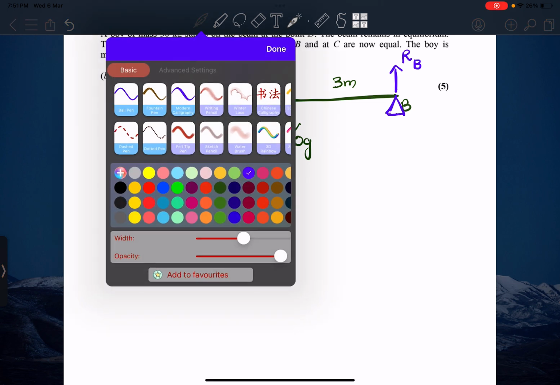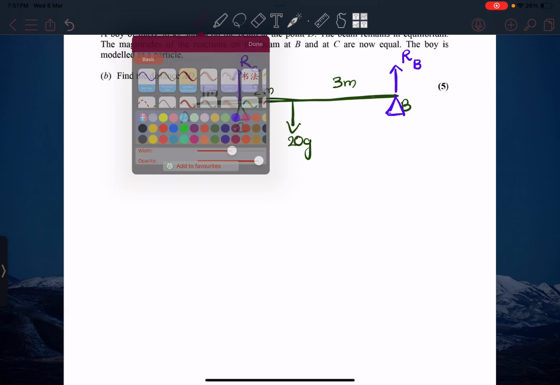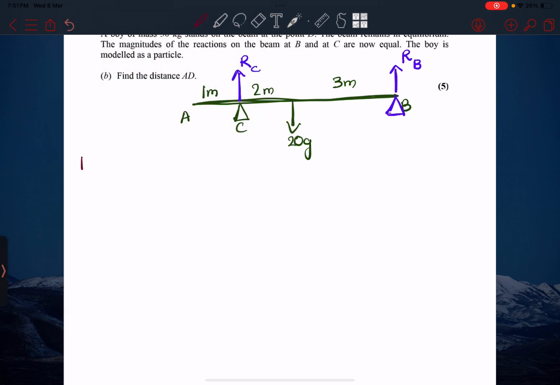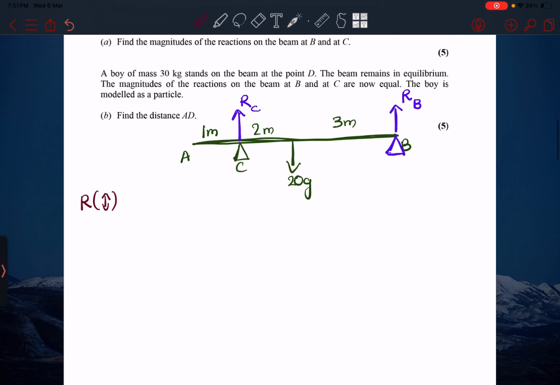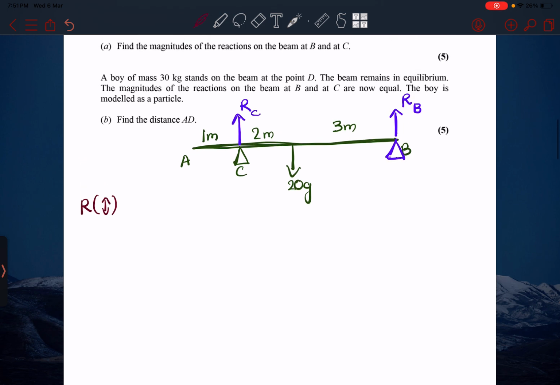But before we take moments, the first thing I would do is resolve the forces up and down. All the forces acting up would be equal to all the forces acting down. So we can say RC plus RB would be equal to 20 g. That is the first equation that we have set up.